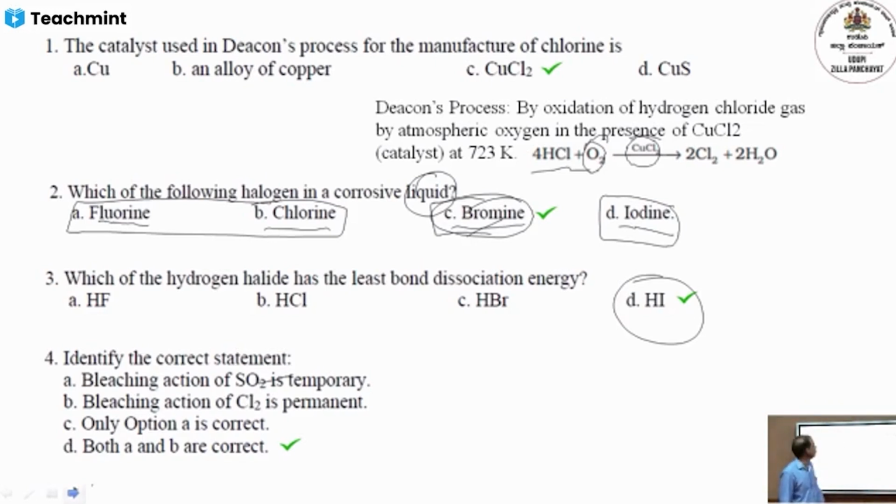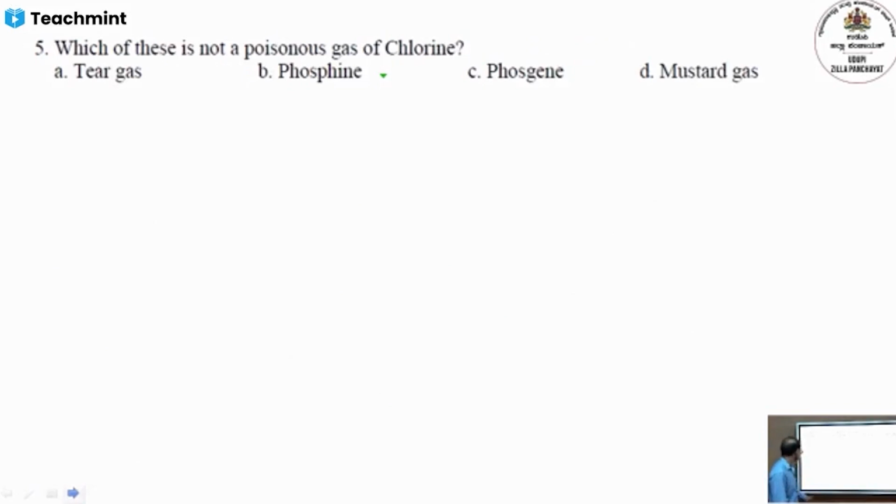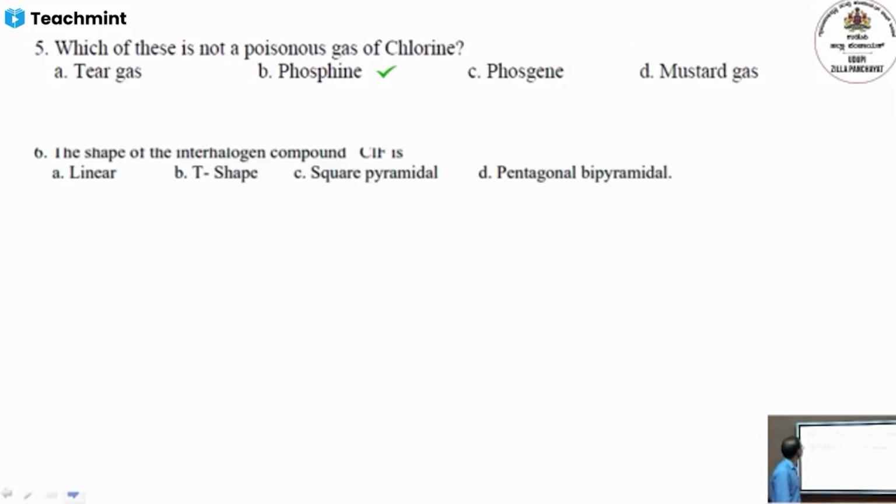Phosphine, PH3. If you know that that is the answer which does not contain chlorine, then the rest should all contain chlorine. Otherwise, you have to remember very specifically the chemical compositions of tear gas, phosgene, and mustard gas. So tear gas contains chlorine. Phosphine is PH3. Phosgene also contains chlorine, and mustard gas has chlorine there.